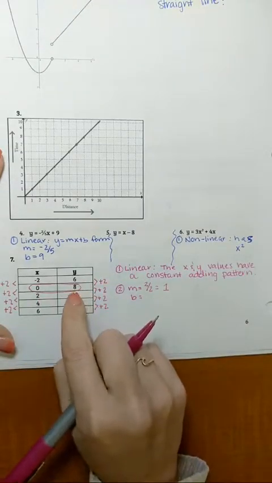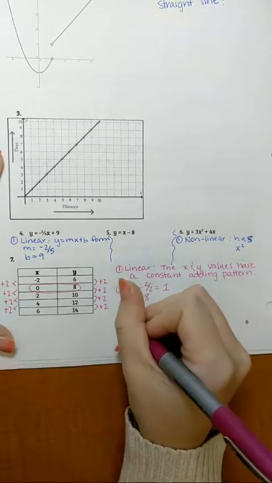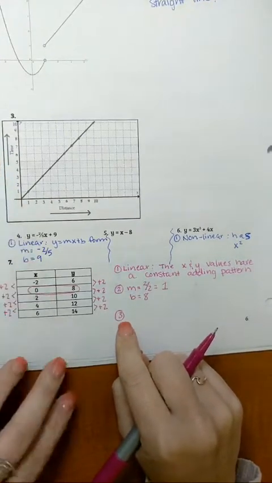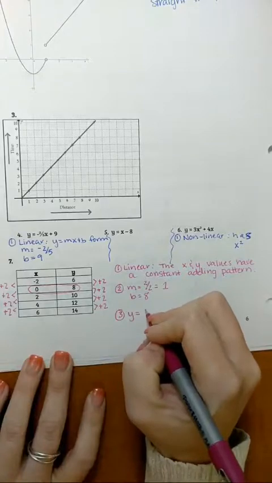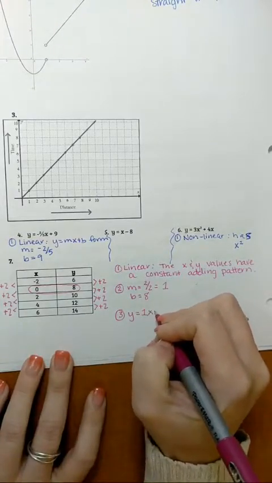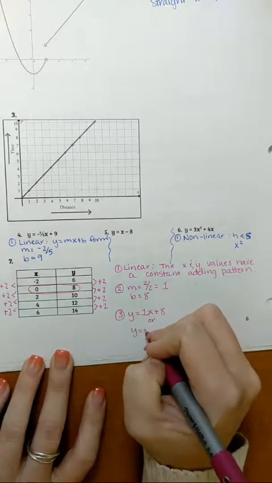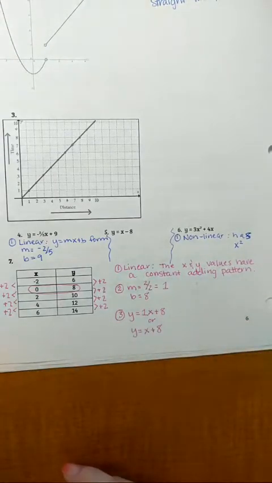The y is 8, making b 8. And then we need to write our equation. So y equals 1x plus 8, or you can just write that as y equals x plus 8. Either one is fine.